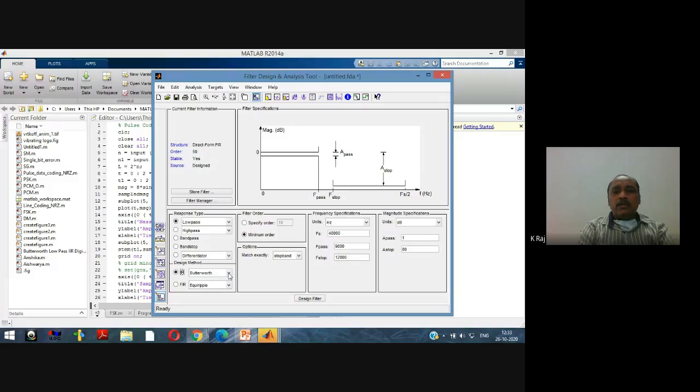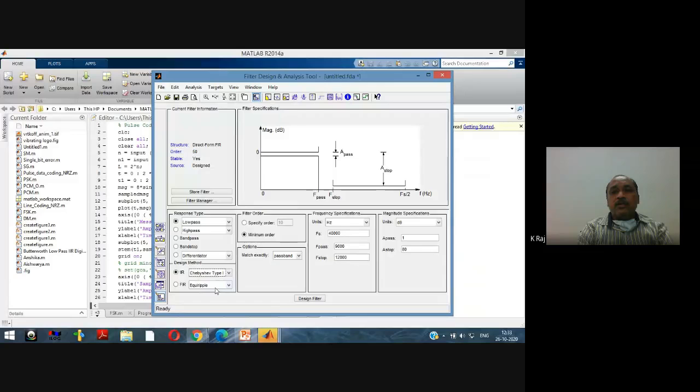In the IIR filter there are so many approximation methods like Butterworth, Chebyshev type 1, Chebyshev type 2, elliptic, maximally flat, least Pth norm, and constant least Pth norm. So we can select any one type of approximation method and design the filter.